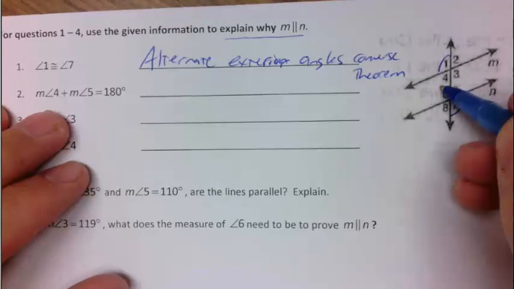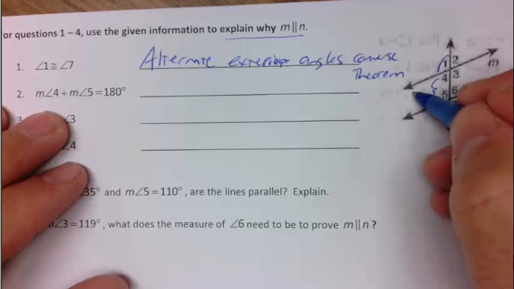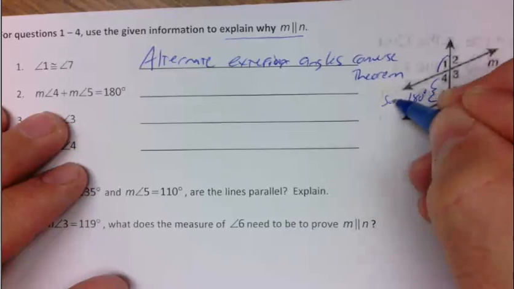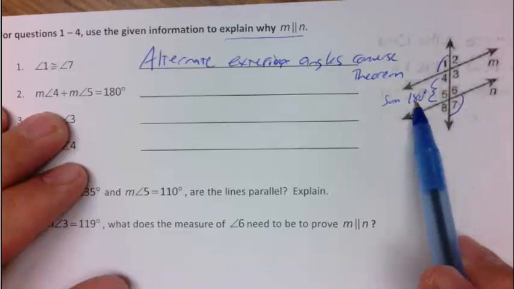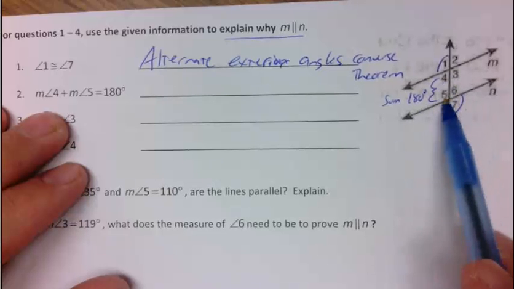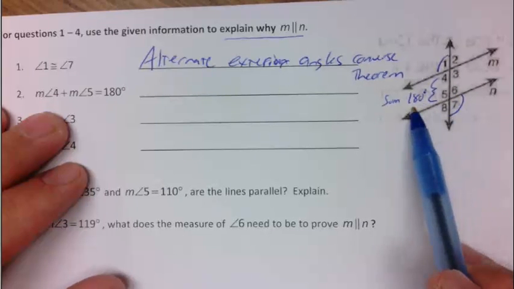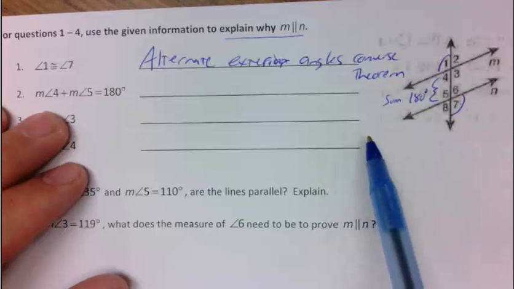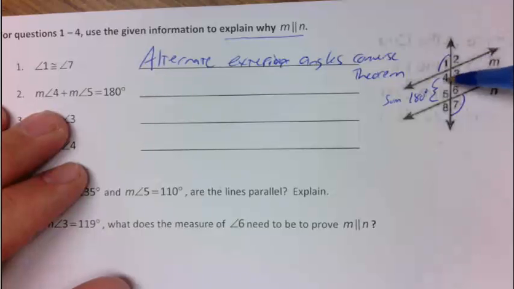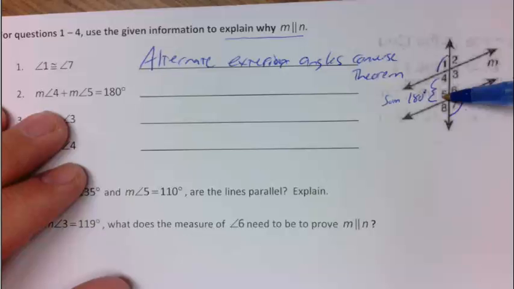The next one, they're talking about these two angles, angles 4 and 5, add up to 180. Okay, the sum of those two angles is 180. Well, in other words, these two angles are supplementary, right? Because supplementary means the two angles add up to 180. Well, we have a theorem that says if consecutive interior angles or same side interior angles are supplementary, then the lines must be parallel.